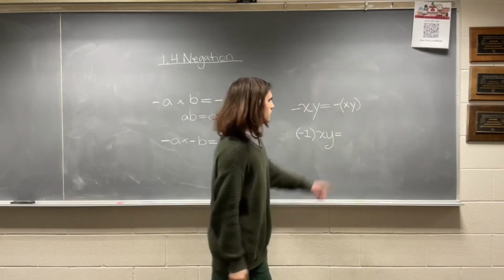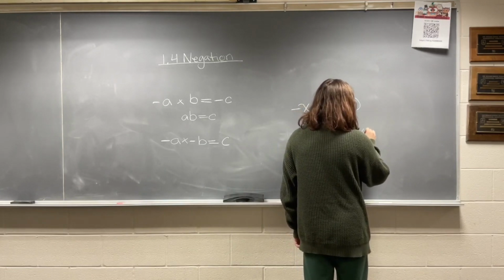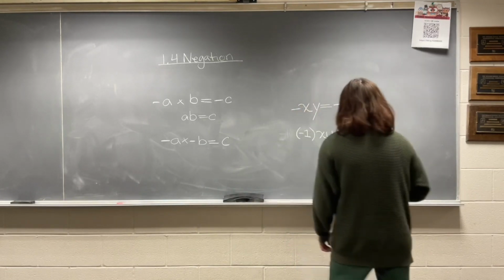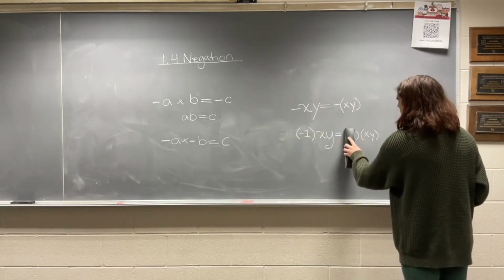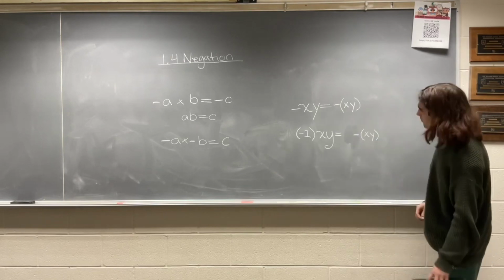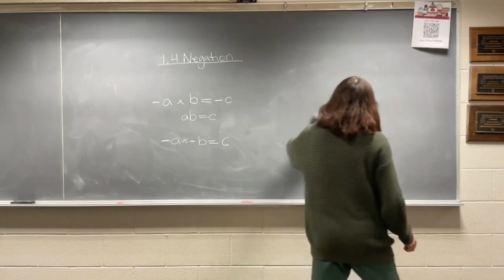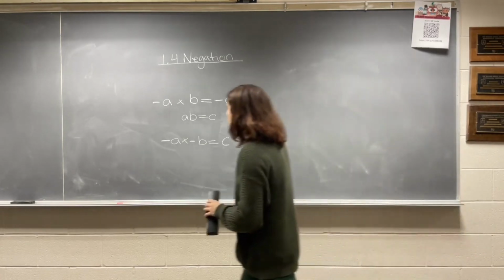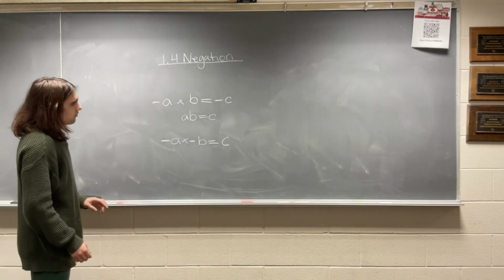And that is the same thing as bringing our negative 1 on the outside of xy, right? And so instead of having negative 1 here, now we can just have our negative. This is an interesting property of negation and negatives that you'll use a lot later on, so this is why I'm introducing it here.